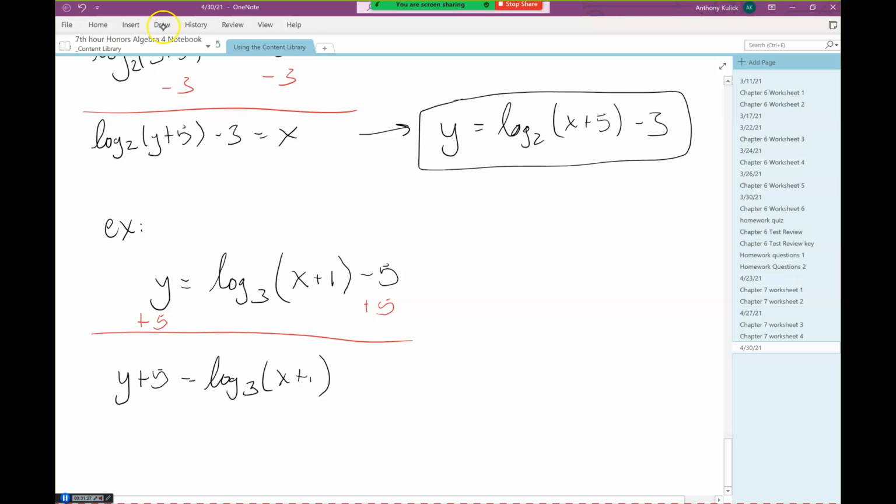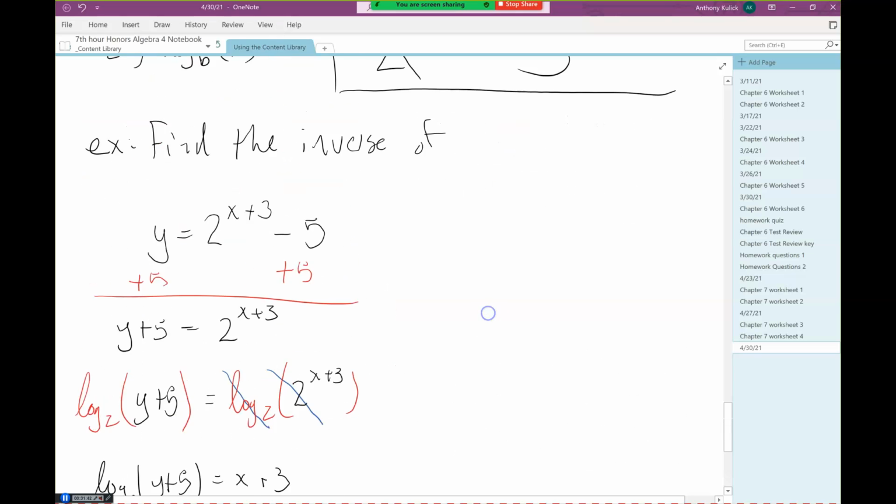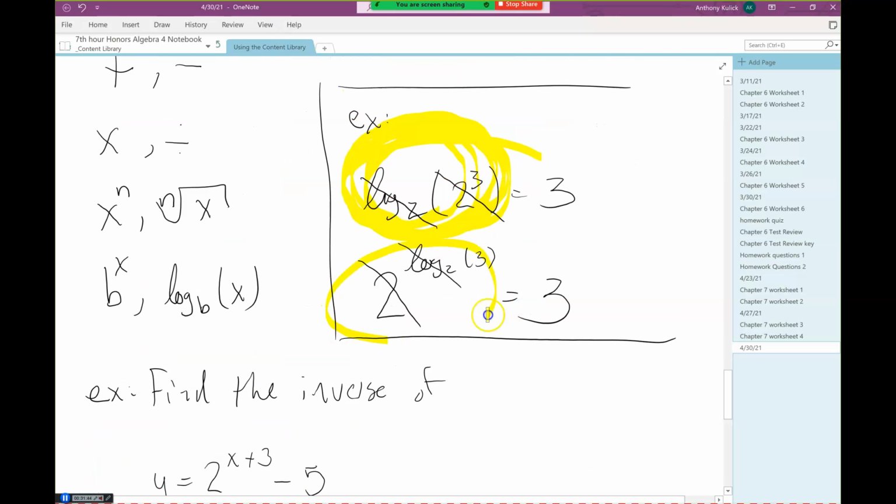And then to get at the x, we have to get rid of that log base 3. So what is going to get rid of the log base 3? Would we take the 3 and put it in front of the logarithm?